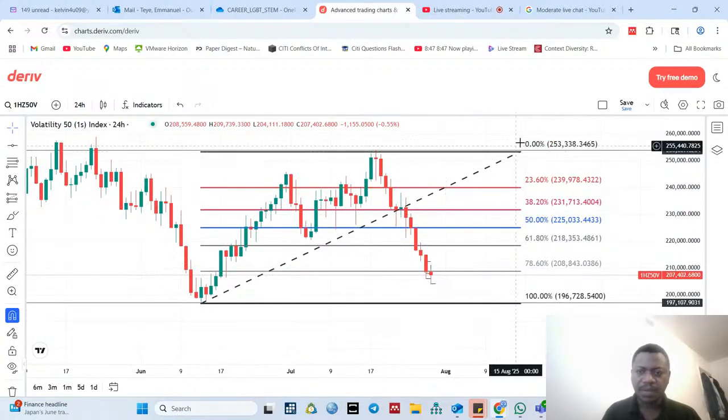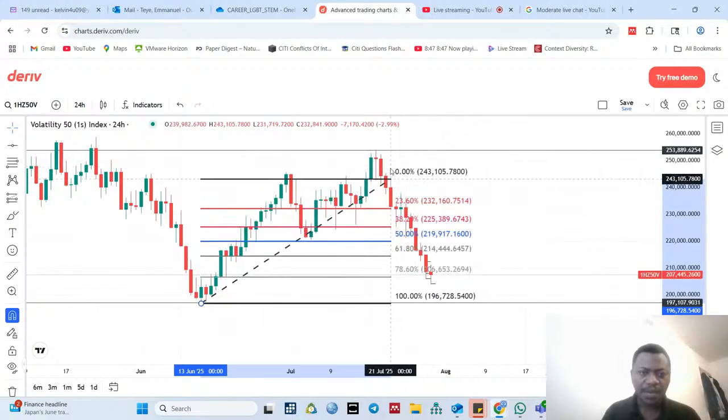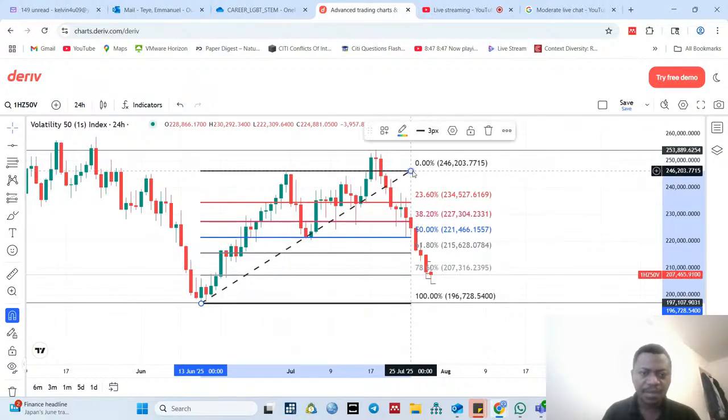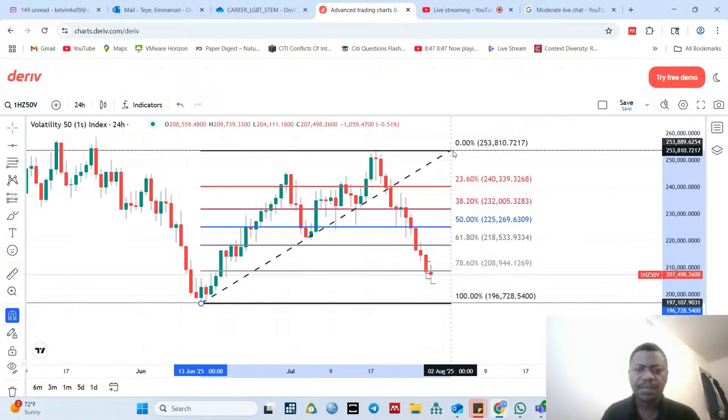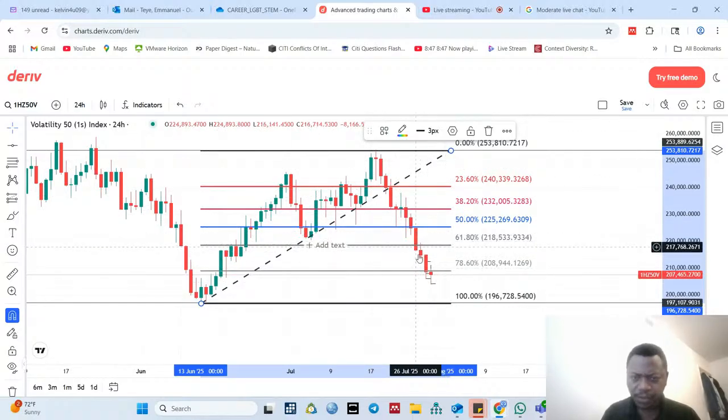So around here, when price was here, it pulled back to equilibrium, 50%, and then continued to move up and gave us this high. From this high, it took out the 50% area and then dropped to 78.6%. It broke it a little bit, so it's around maybe 80%, something like that.